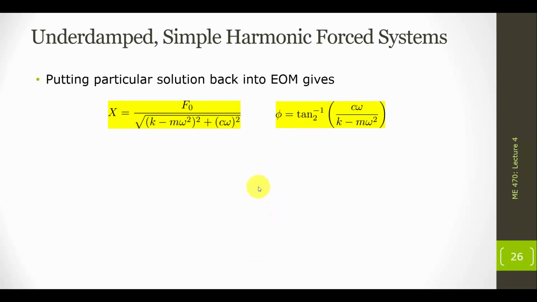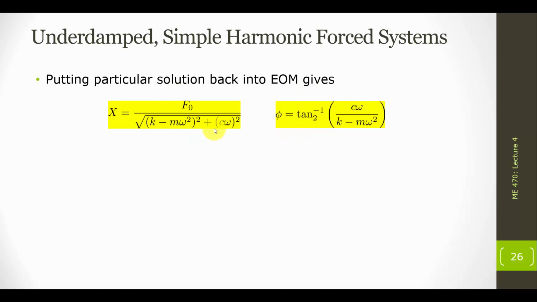Going back to the slides and what x and phi are, what we're going to do here is f naught is going to be fixed, k and m and c are going to be fixed. So what we want to do is we can keep calculating an x by changing omega. So we can try omegas 0.1, 0.2, 0.3, find the x values. Same thing for phi, this phase.